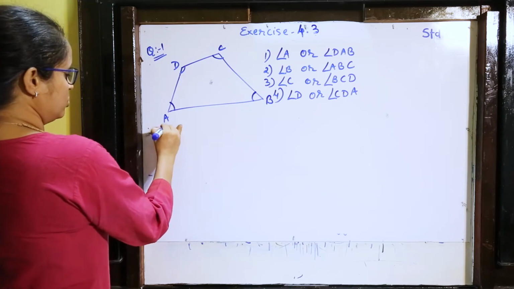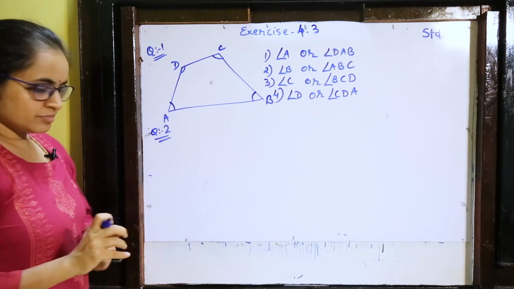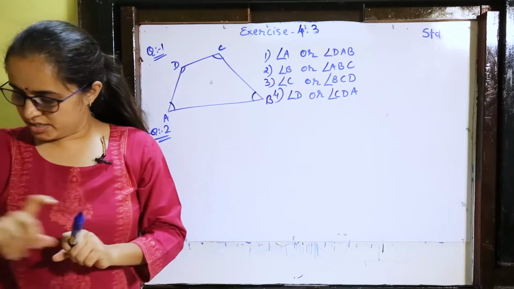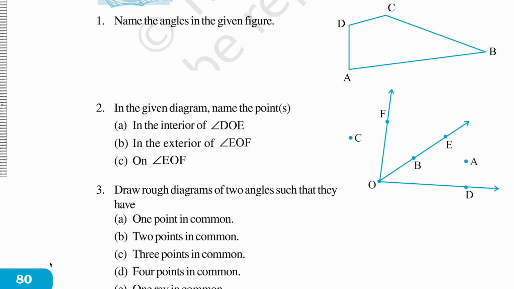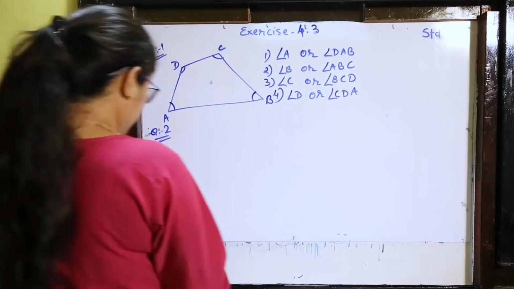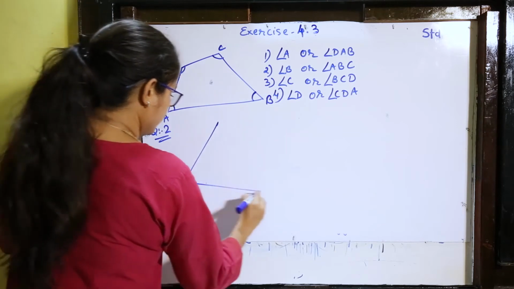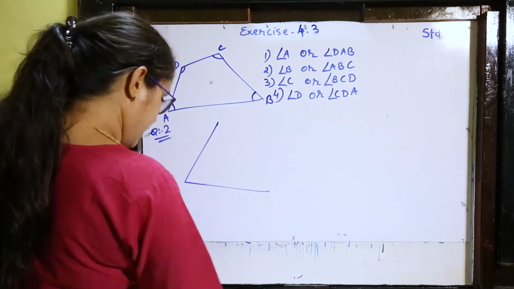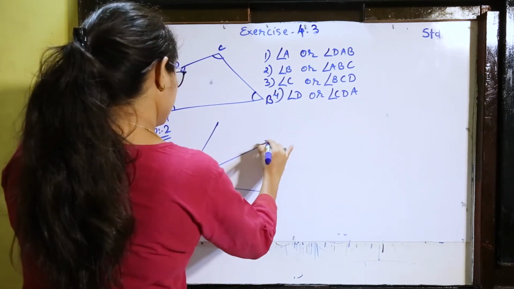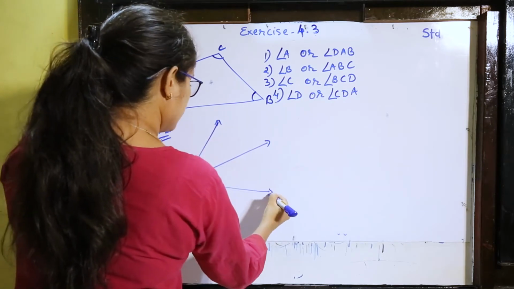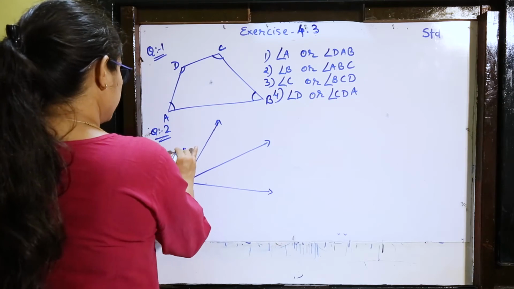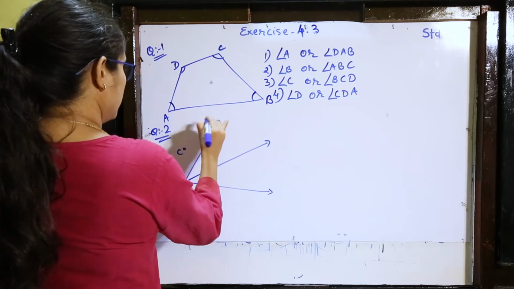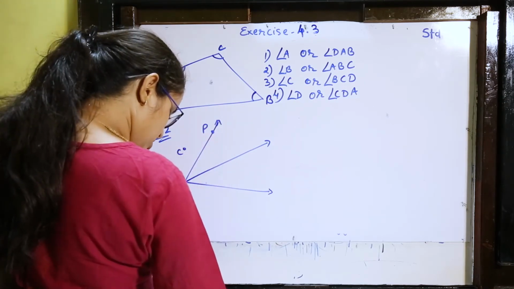Now we will move on to question number 2. The question is, in the given diagram, name the point. Now please draw the diagram given in this. There is an angle given to you, and then there is one more ray in between the angle. Then there is here C. Please draw it looking at your book.